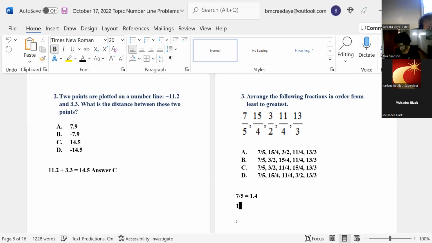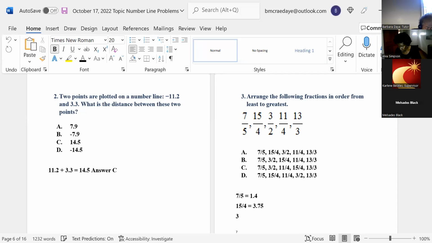15 divided by 4. 3.75. Okay. You got 3.75. That is correct. Now 3 halves.